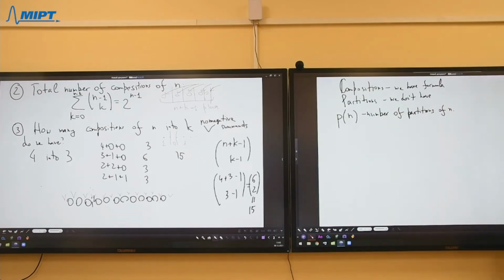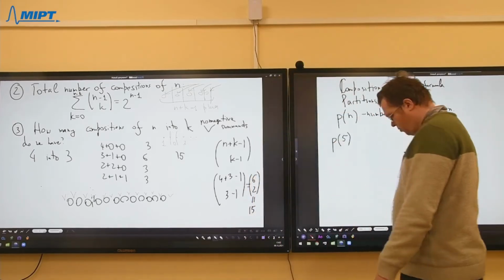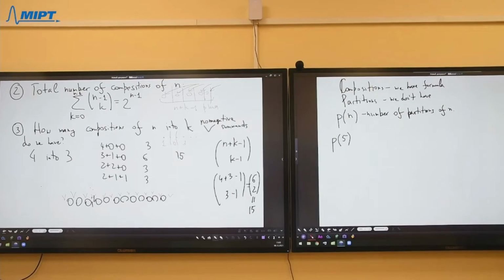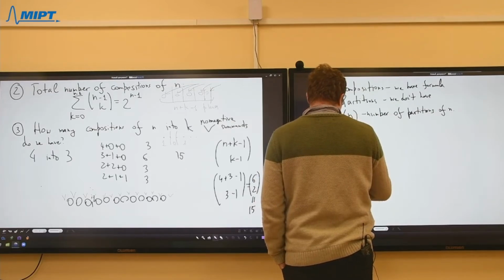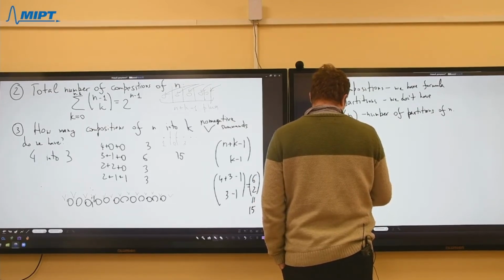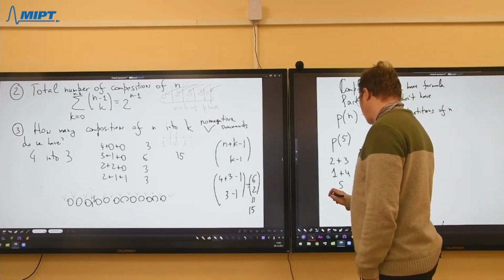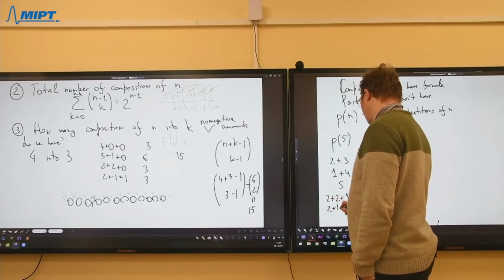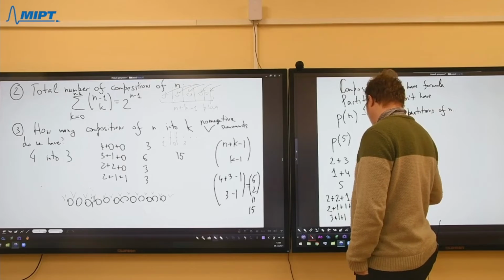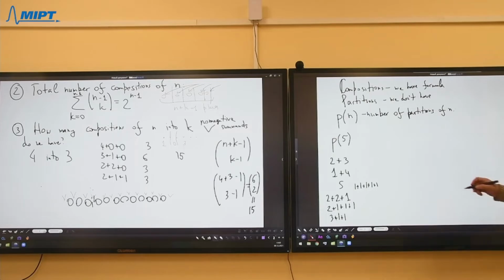So, for example, if you take P of 5, we just make the list of all possible partitions. For 2 summands it will be 2 plus 3, 1 plus 4, and 5. For 3 summands, it will be 1 plus 2 plus 2, 1 plus 1 plus 3, and so on. So P of 5 is 7.